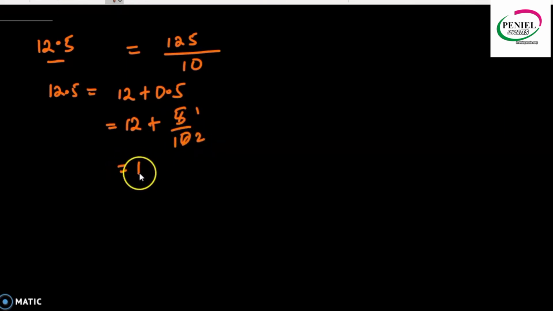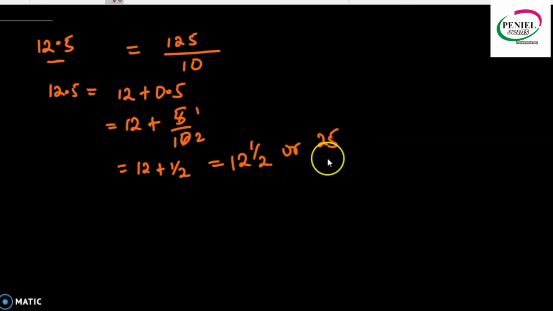So you're having 12 plus a half, which is 12 and a half as a mixed fraction. If you convert this to a normal fraction, it's going to give you 25 over 2. That's 2 times 12, 24, plus 1, 25 over 2. So this is another way.